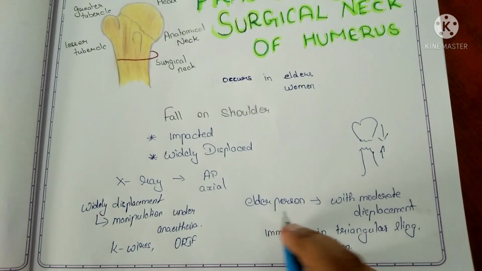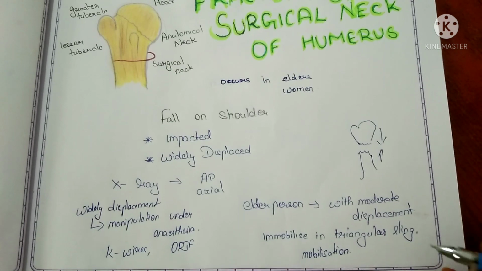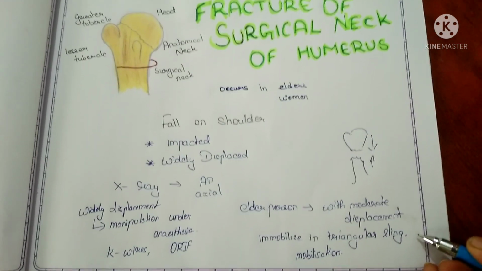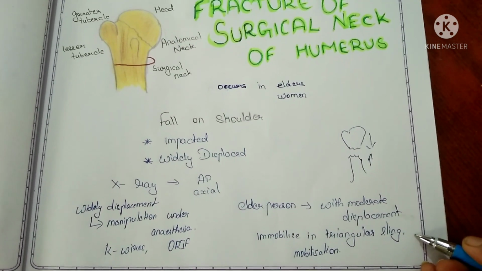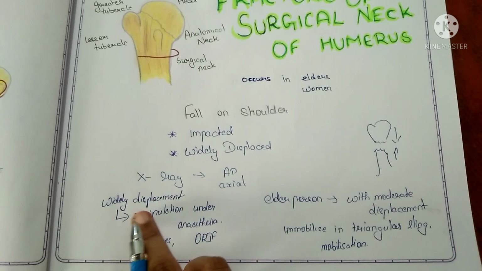Now if we see the treatment for this fracture in elder people with moderate displacement, first we need to immobilize the shoulder with a triangular sling. After immobilizing, after the pain subsides, then we can mobilize it.